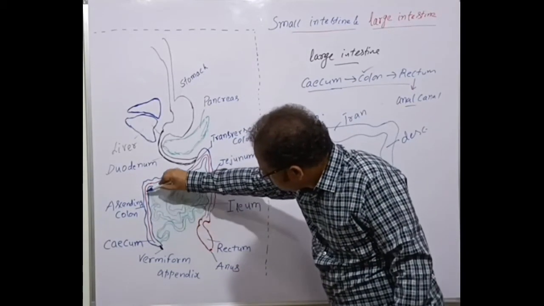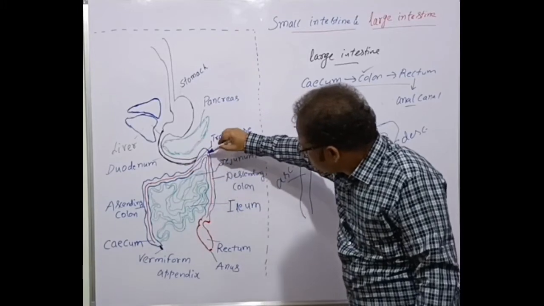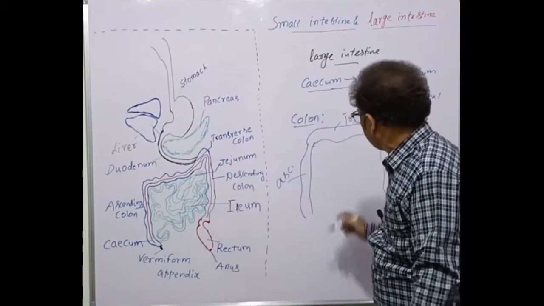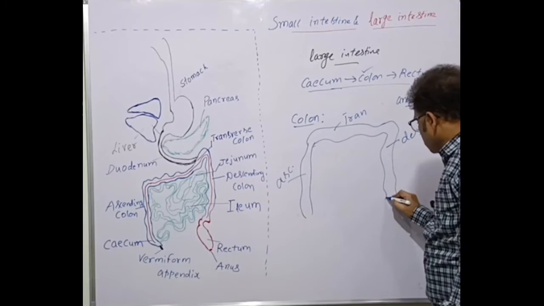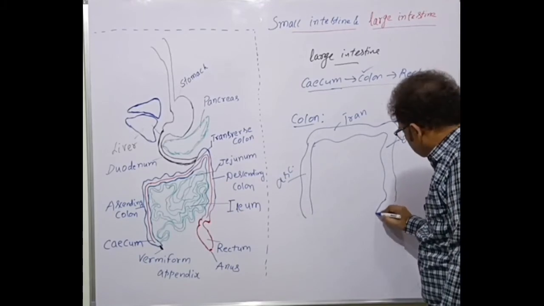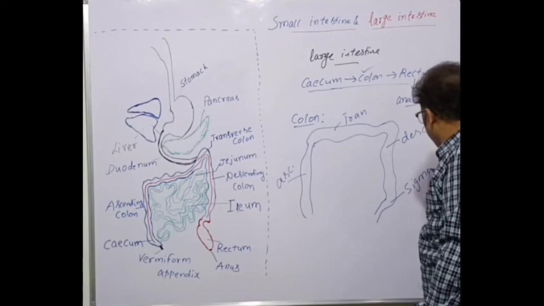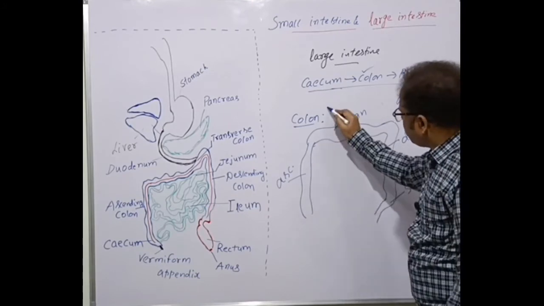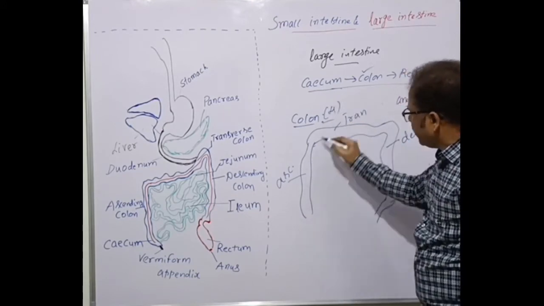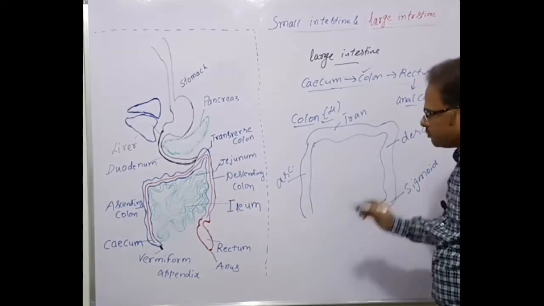So three major parts. It is also associated with a sigmoid structure called the sigmoid colon. So four major parts are present in the colon: ascending, transverse, descending, and sigmoid colon.